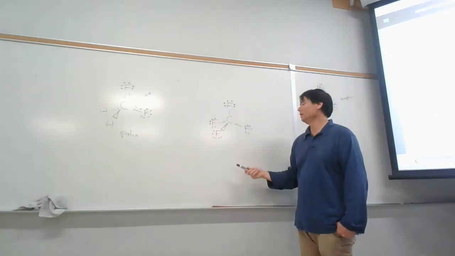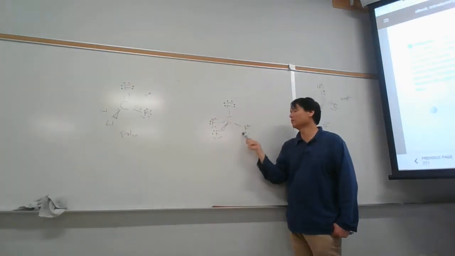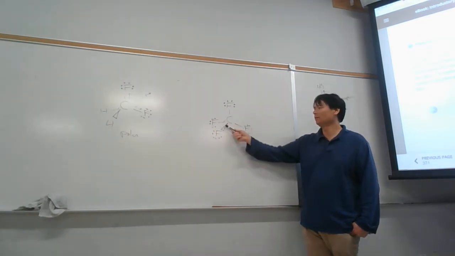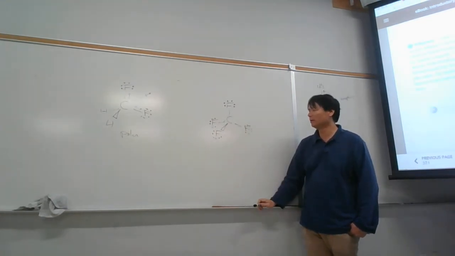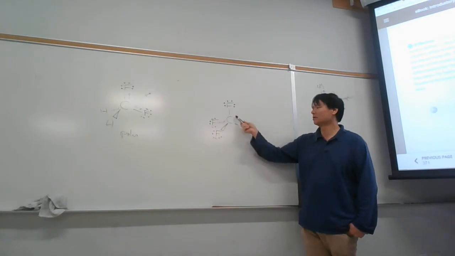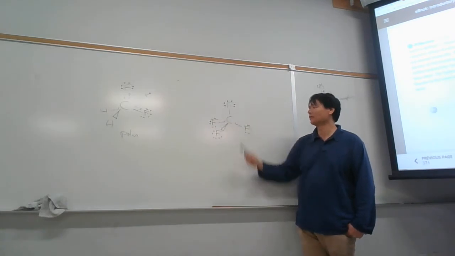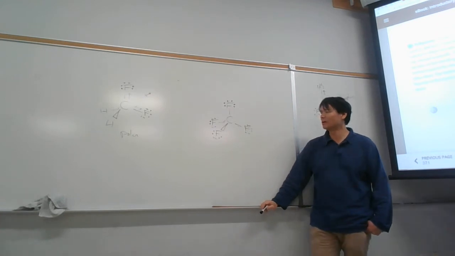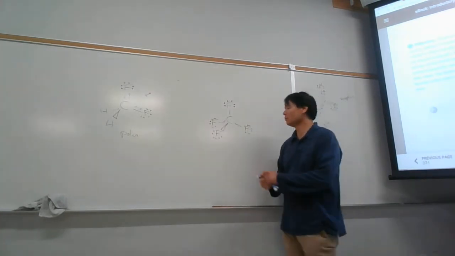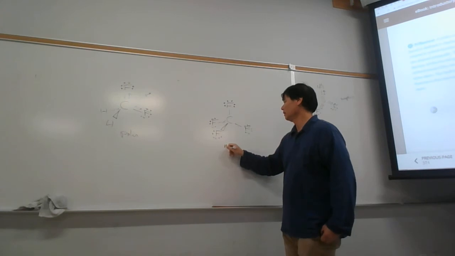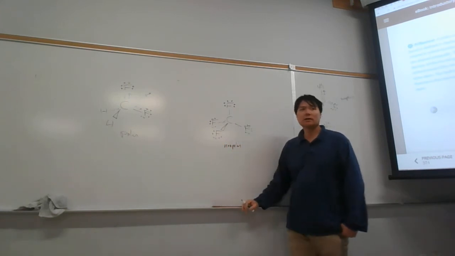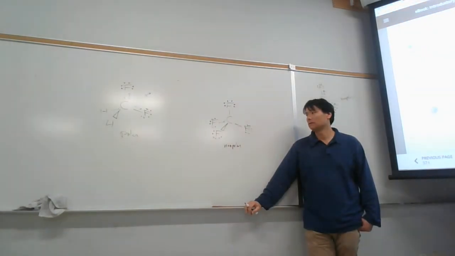In other words, this is what we call spherical symmetry. It's like a ball. And so you're pushing on the inside of the ball equidistant, that is 109.5 degrees. Equidistant in three dimensions. And so this is non-polar. Everything cancels here, even though these are polar bonds.